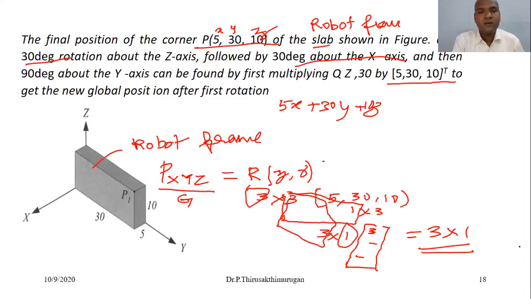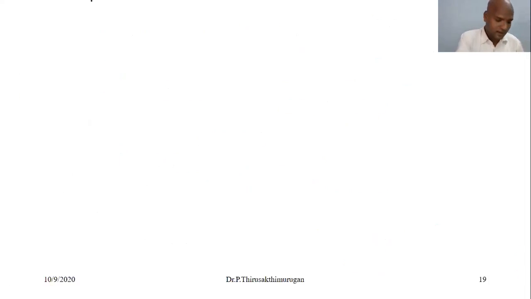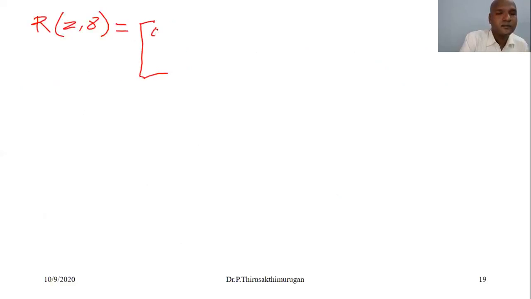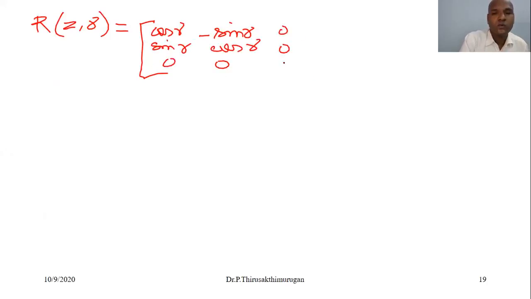So let's see the rotational matrix along gamma: cos gamma, minus sin gamma, 0; sin gamma, cos gamma, 0; 0, 0, 1.